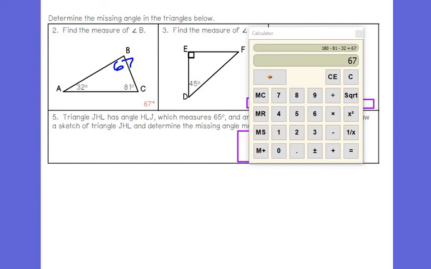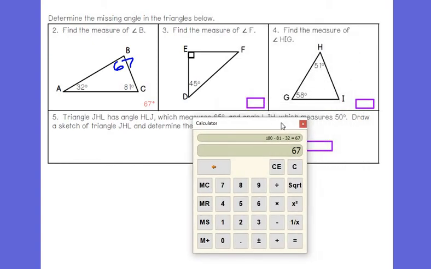Okay, I'm going to give you about one minute. See if you can find 3 and 4 for me real quick. Okay, on number 3, what does that box mean? Oh, that's a 90-degree angle. So they wanted us to find F. Camille, what did you get for F? 45 degrees.